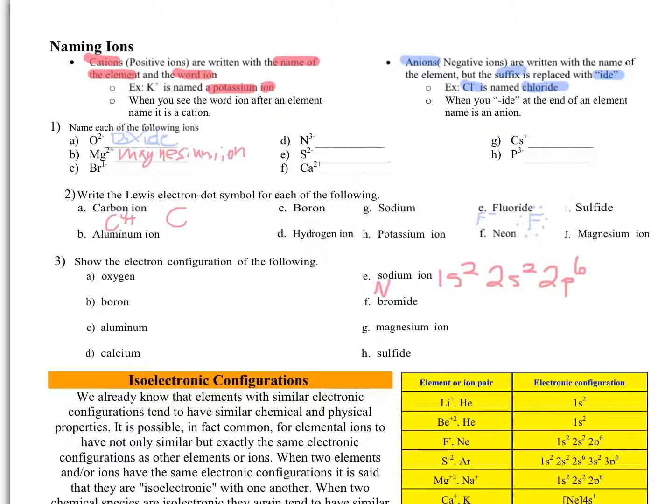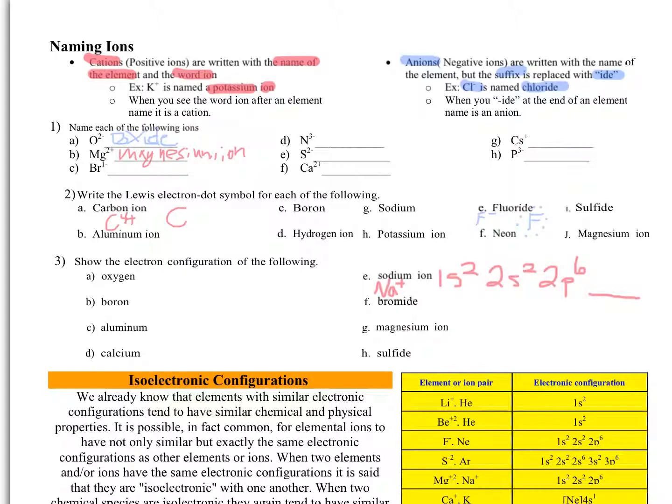However, a sodium ion is Na positive. If I'm positive, that means I've lost an electron, right? I have more positives than negatives. If I've lost an electron, then the outermost electron, 3s1, is now gone.